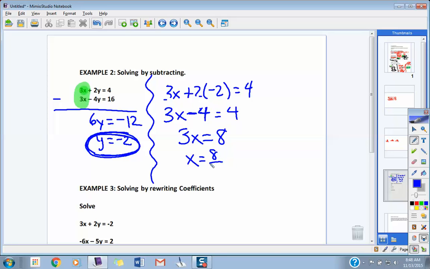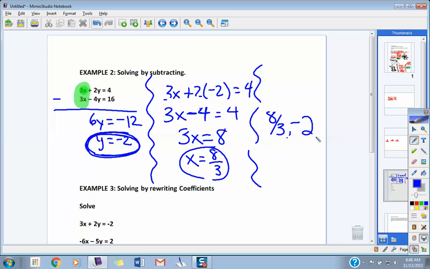Hey, can 8 over 3 be reduced at all? No. Can't be, can it? So your solution would be what comma what this time? (8/3, negative 2). Very good. 8/3, negative 2. There it is.